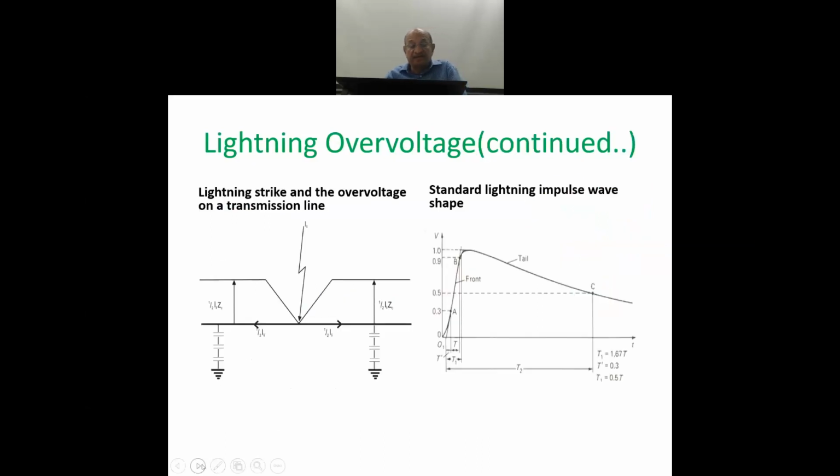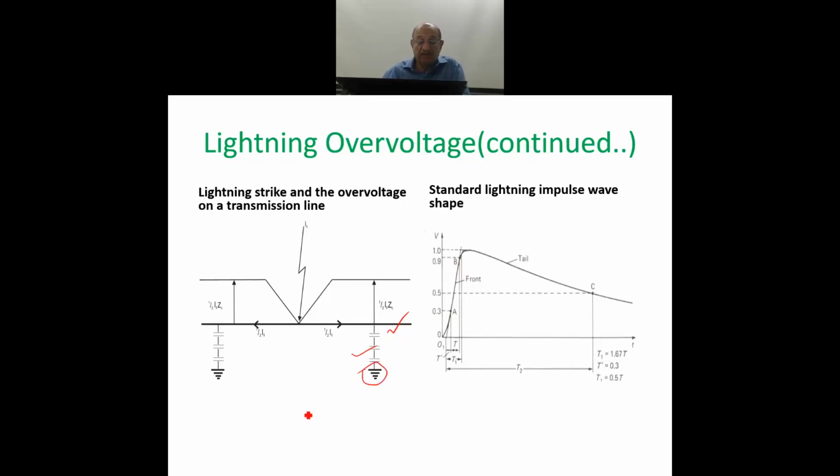Yeah, when the lightning strikes on a conductor, say a transmission line conductor, the transmission line conductor is supported on insulators. As you can see here, insulators you can represent with the help of capacitors, because insulation forms capacitance, and on the other side is the ground.